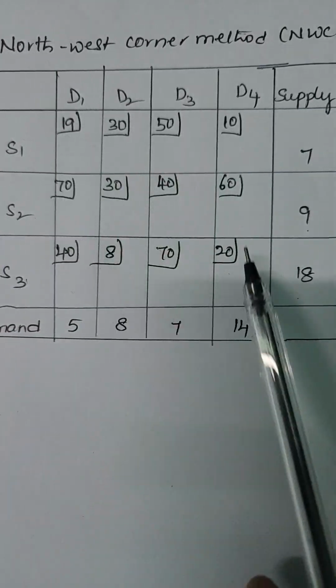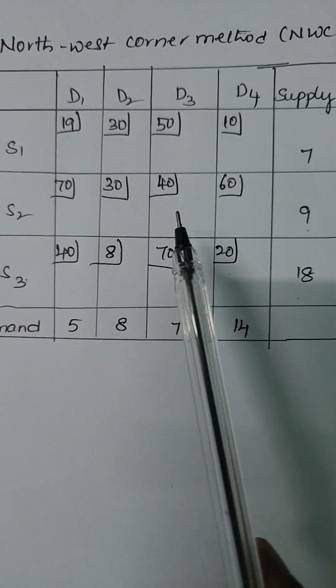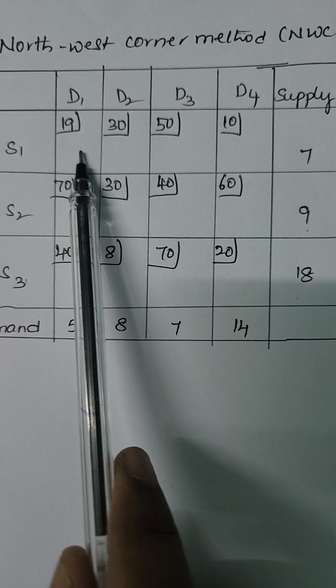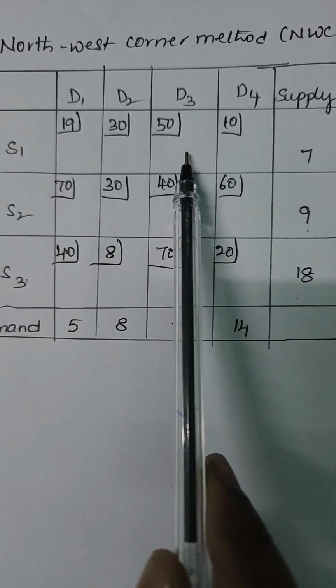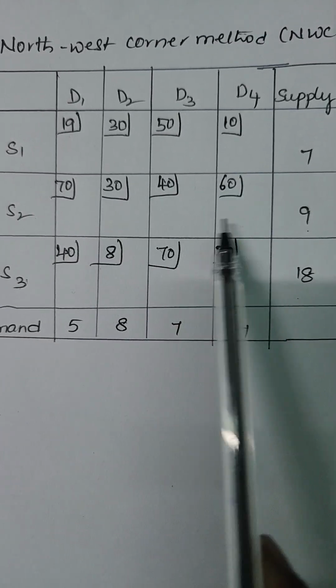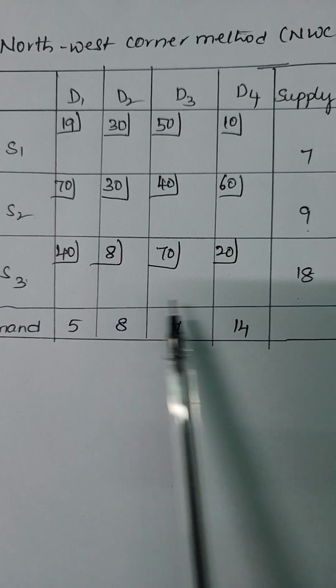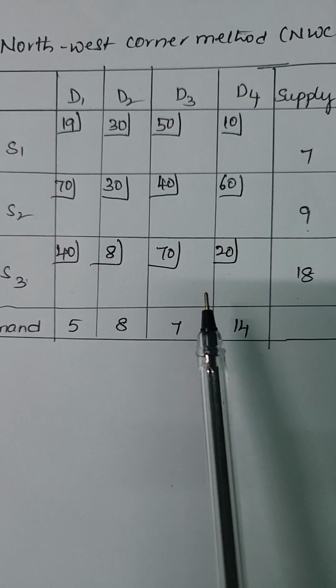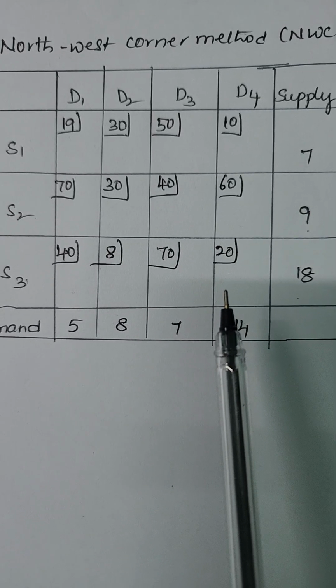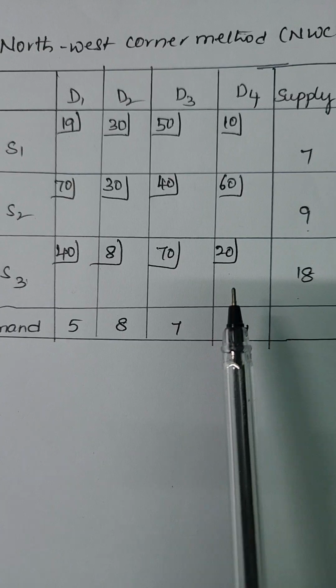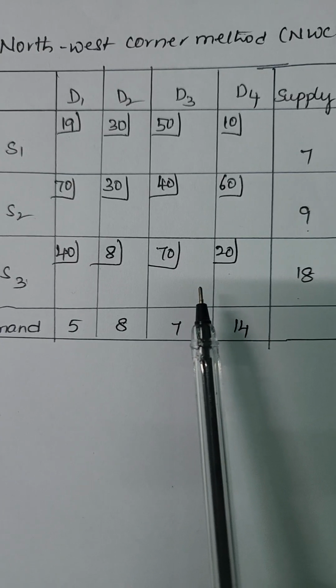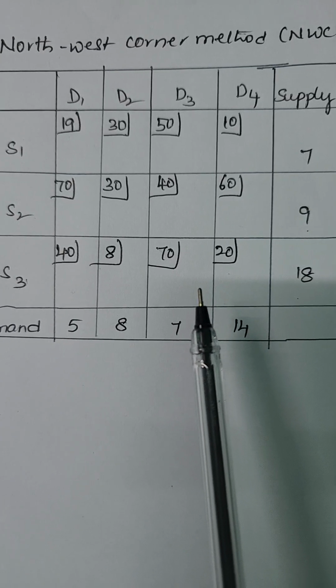So this is the meaning of these entries in the cells. This is the first cell, second, third, fourth, fifth, sixth, 7, 8, 9, 10, 11, 12 cells we have. Now we are going to find the total transportation cost by using the northwest corner method.